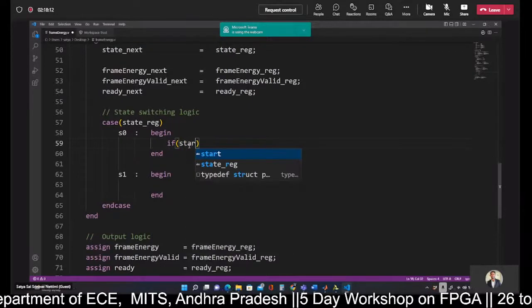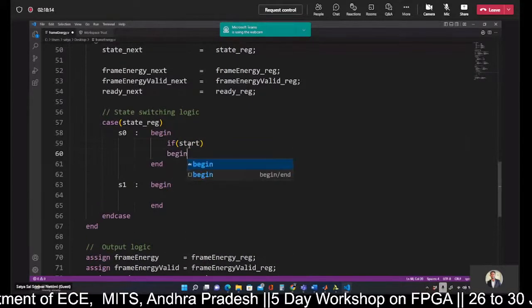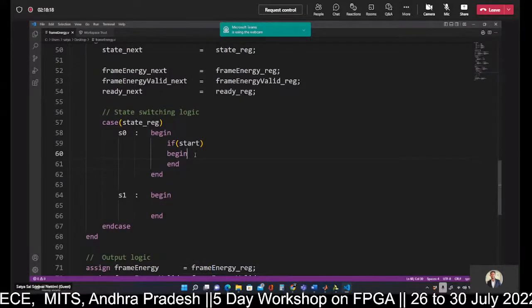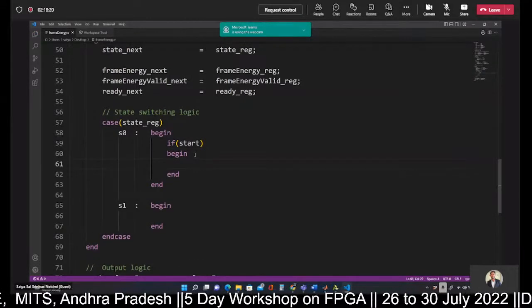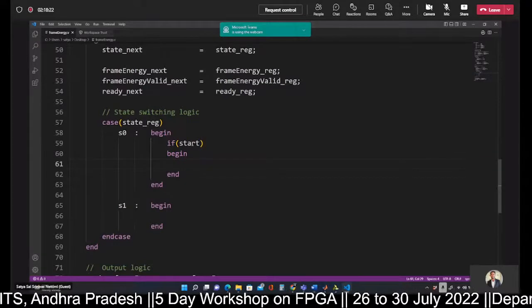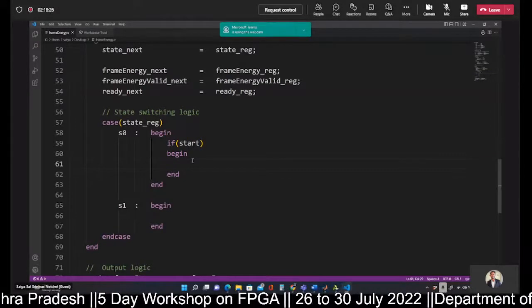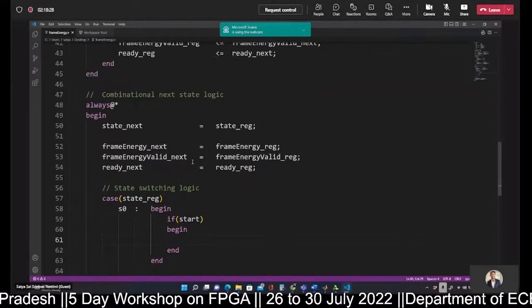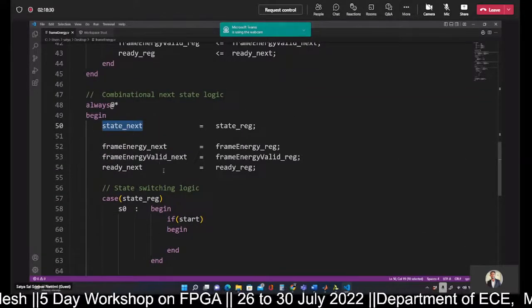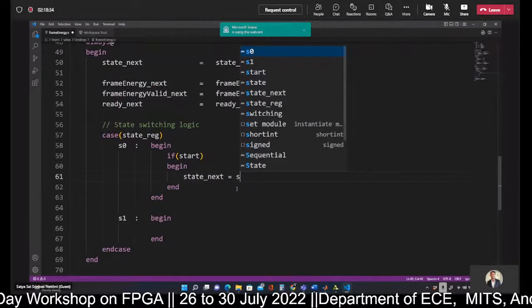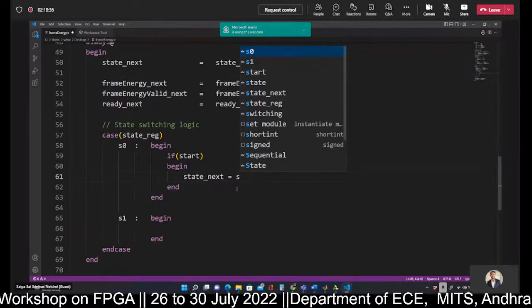If start, it has to do begin. Don't write the else part, I will let you know why. If start is high, it has to switch to the S1 state. So state next is equal to 1.